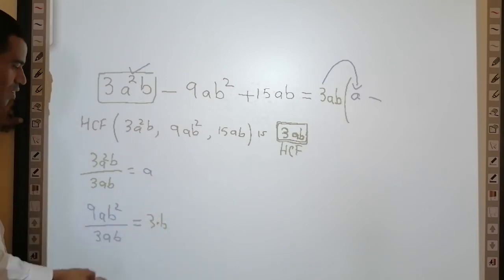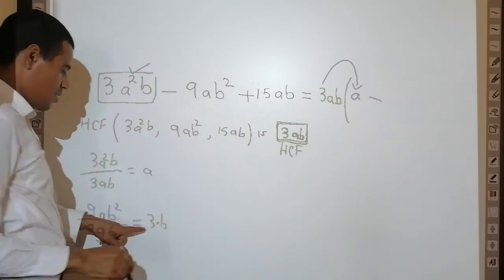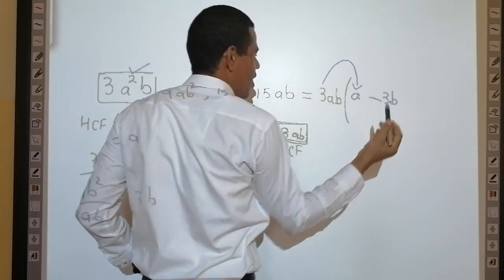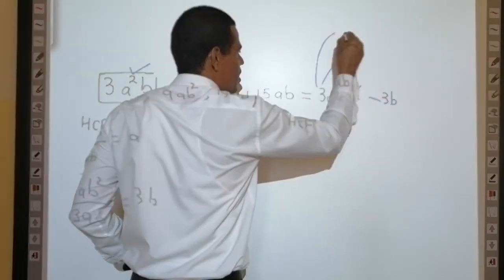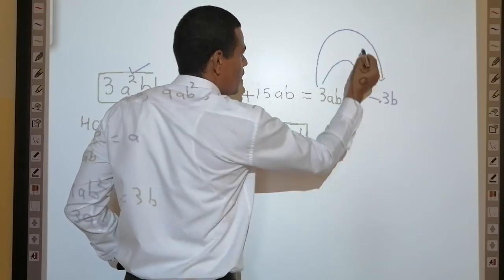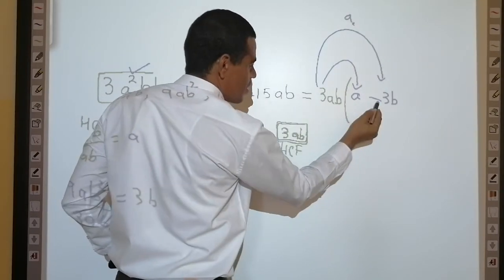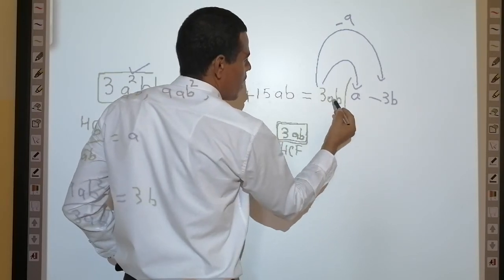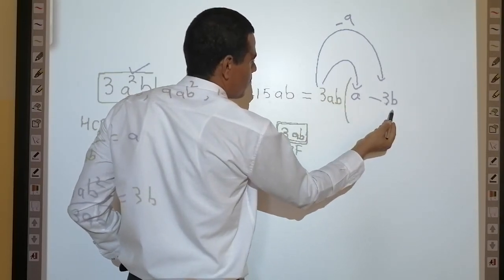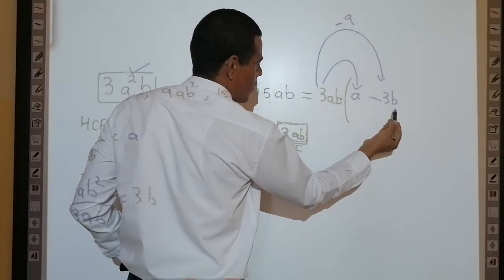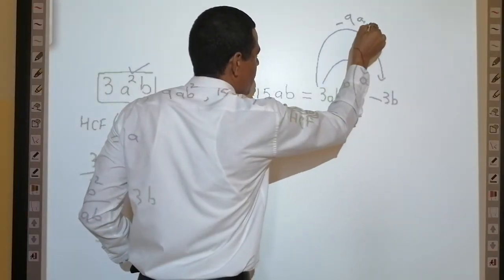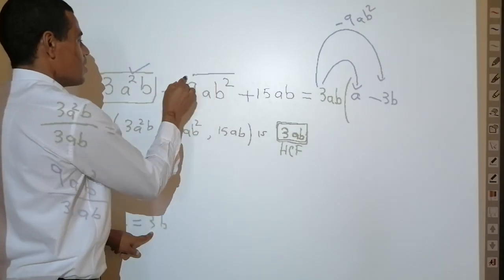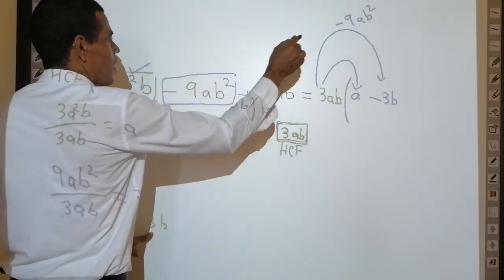So I will just write 3b. If you would like to check, my learners, 3 times 3 is 9. There is a negative sign, of course. Negative 3 by 3 is 9. A multiplied by b, it will be ab. Then b multiplied by b is b squared. So I will just write ab squared. And this one is negative 9ab squared.